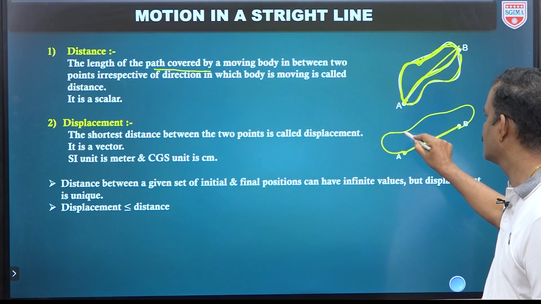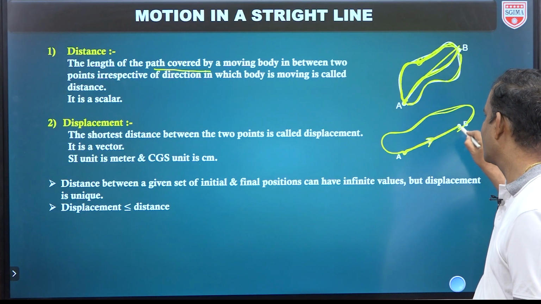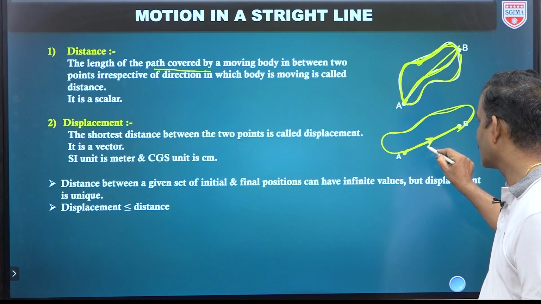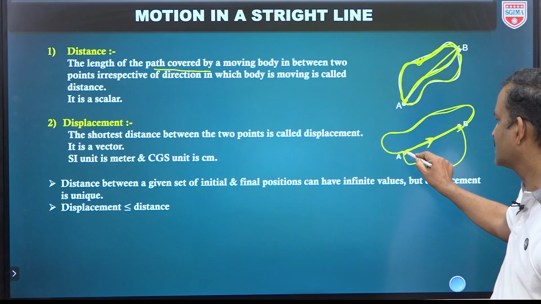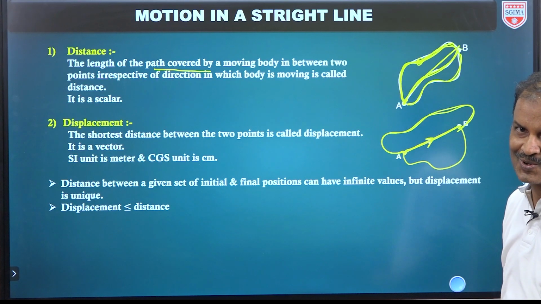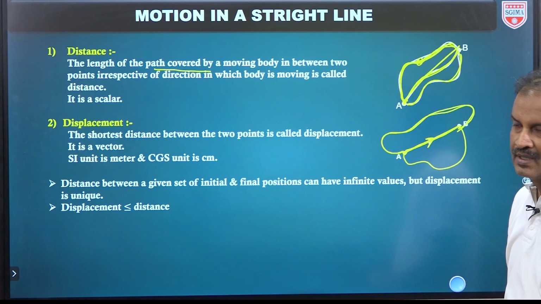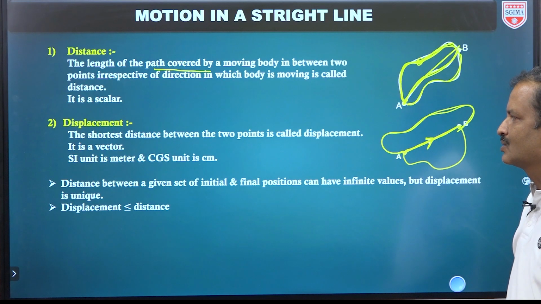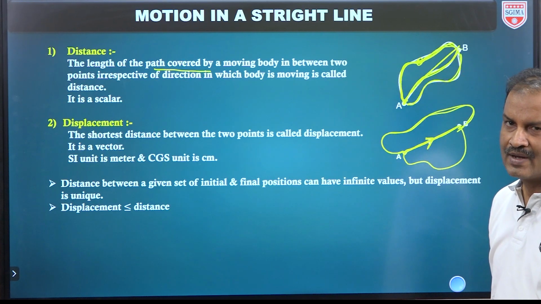This is the distance moved, but this is the displacement. It is the shortest. Suppose another body is moving in this way, but it is displaced from this point to this point. This is the displacement. It has a particular direction. So, displacement is a vector quantity.